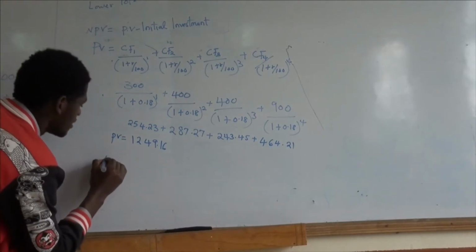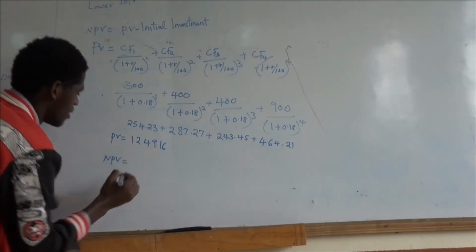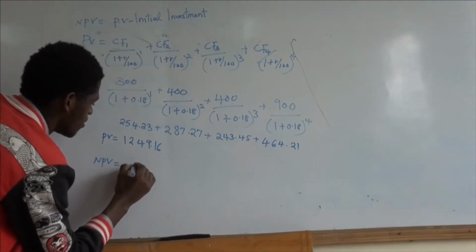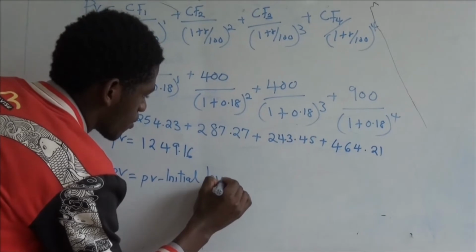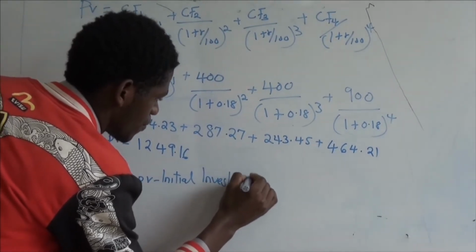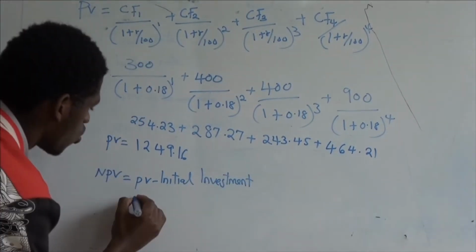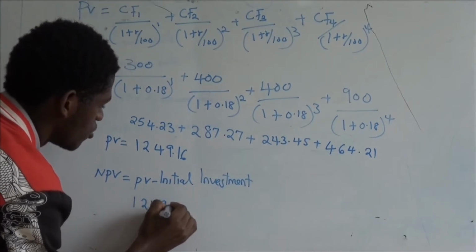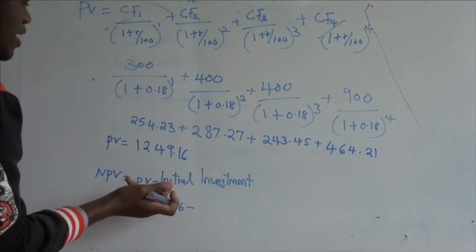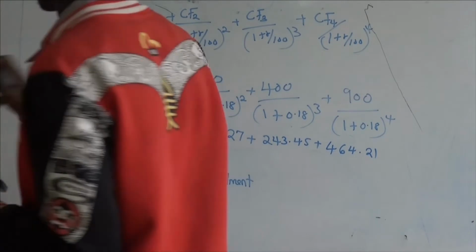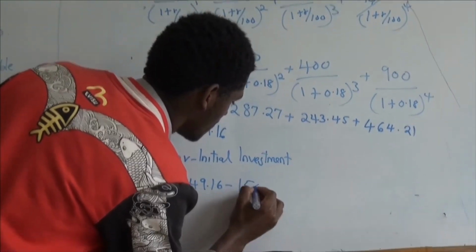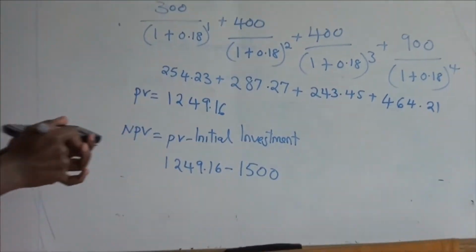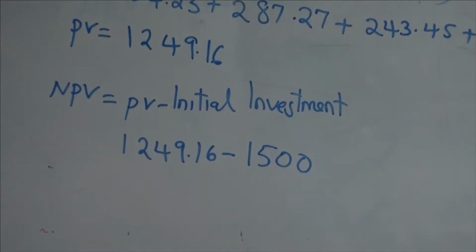Remember, you want to calculate the net present value. So to get net present value, NPV is equal to PV minus initial investment. So our total PV is 1,249.16 minus our initial investment, which was given as 1,500.